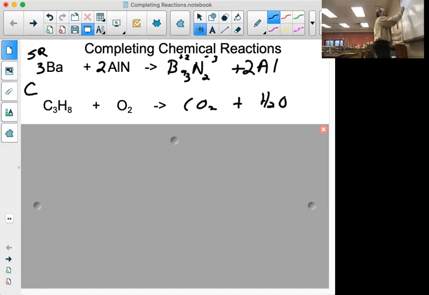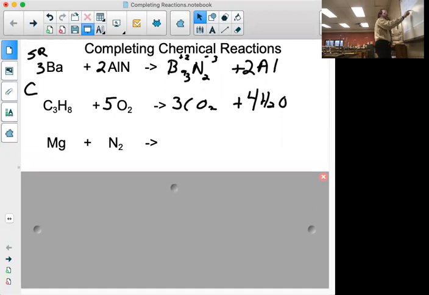Now to balance it up, we have 3 carbons, 1 carbon, put a 3 there. 8 hydrogens, 2 hydrogens, put a 4 there. Oxygens, 2 on the reactant side. 3 times 2, 6 oxygens on the product side, plus 4 times 1, 4 oxygens, 6 plus 4 is 10. What number times 2 is 10? It would be 5. There's a balanced reaction. All right, let's go to the next one.